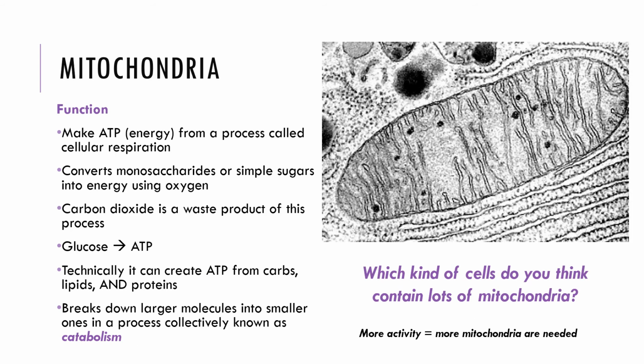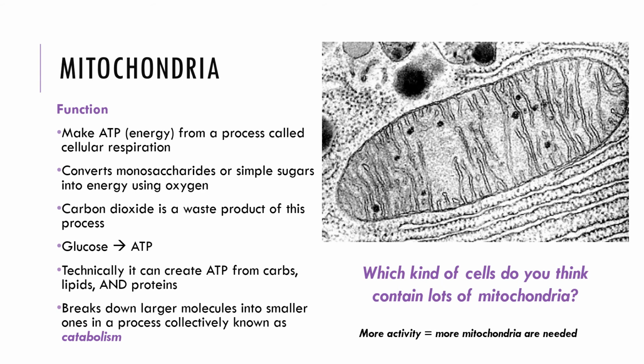Their job, like I said, is to make ATP, make energy, through a process called cellular respiration. They convert simple sugars into energy using oxygen. And usually carbon dioxide is a waste product.